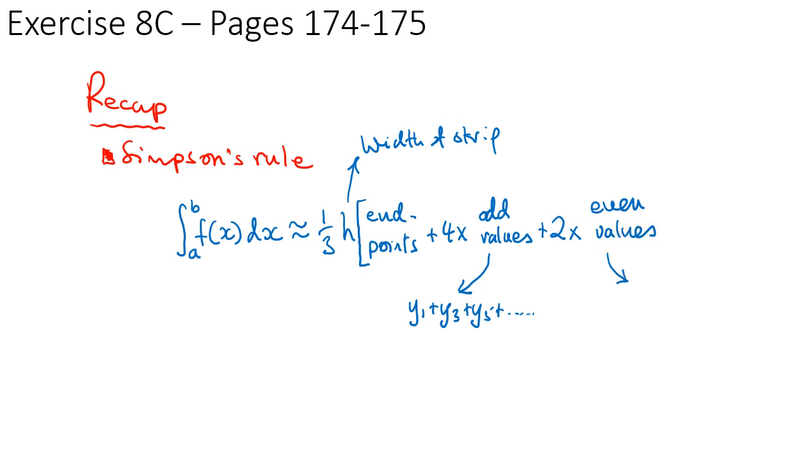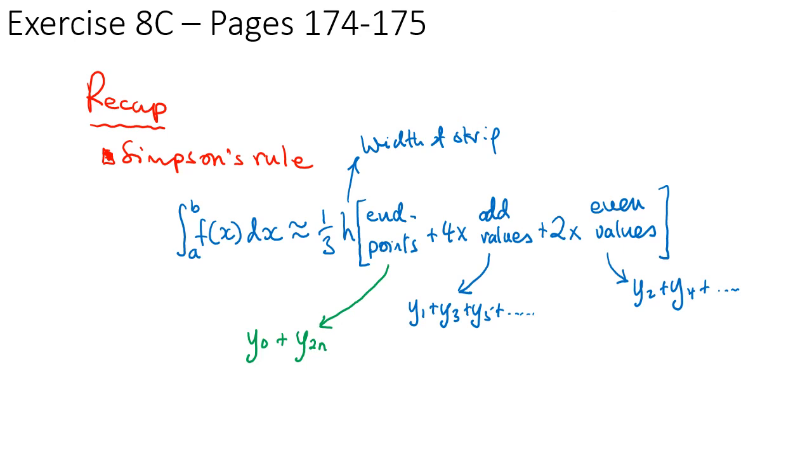So that's going to be y2 plus y4 and so on. And my endpoints, well, that's going to be y0 plus whatever my last value is. So we'll call that y2n.